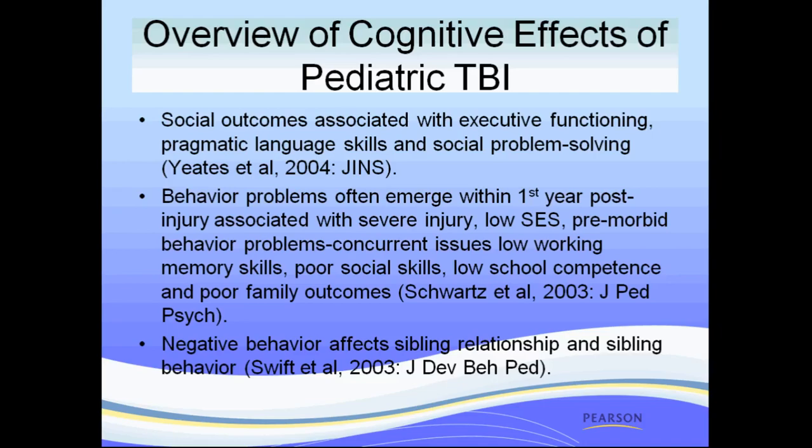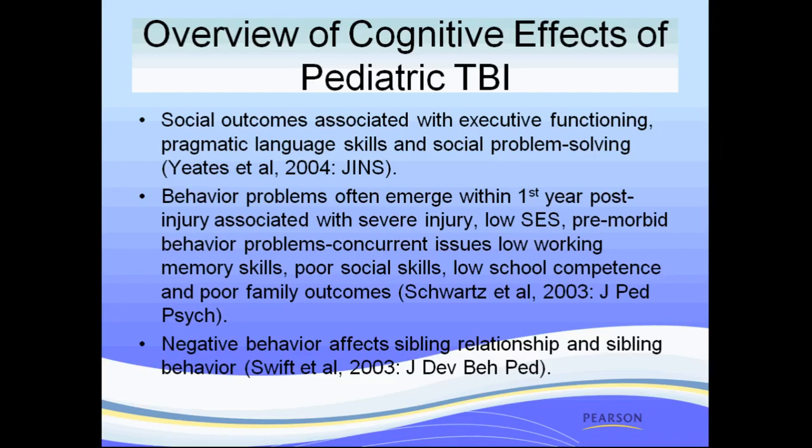Often kids who are going to have behavior problems will have those problems emerge within the first year. So you're going to see earlier rather than later if there's a problem with behavior. It's, again, associated with severity of the injury, coming from a lower socioeconomic environment, having premorbid behavior problems, also concurrent issues such as poor working memory skills, poor social skills, low school competence, and poor family outcomes.